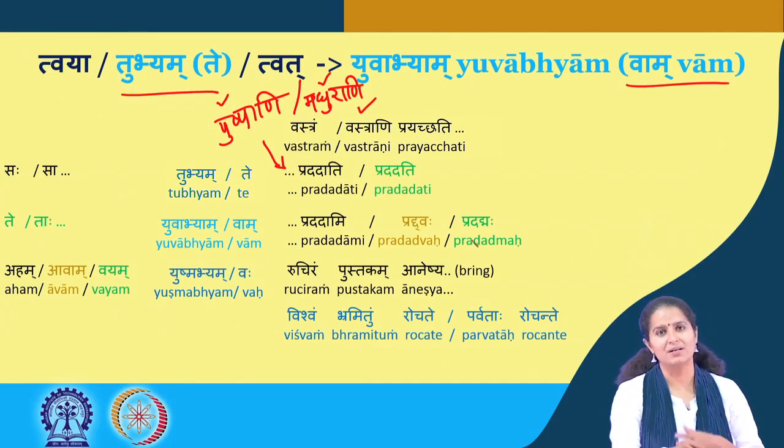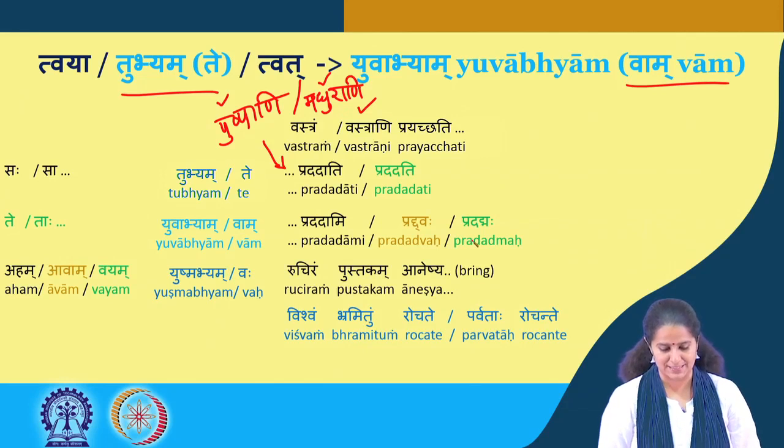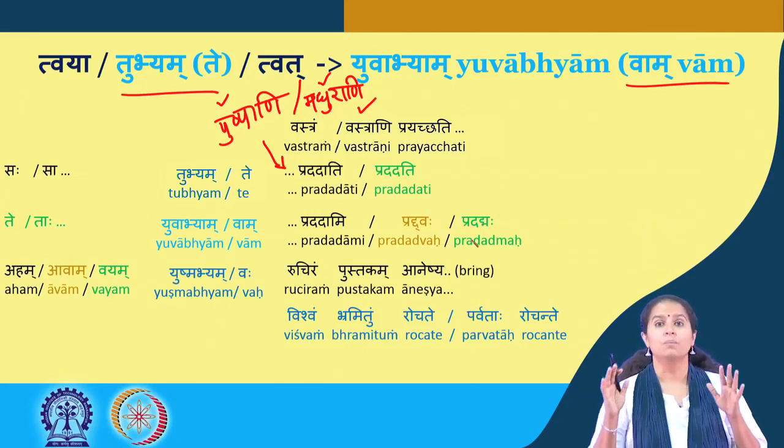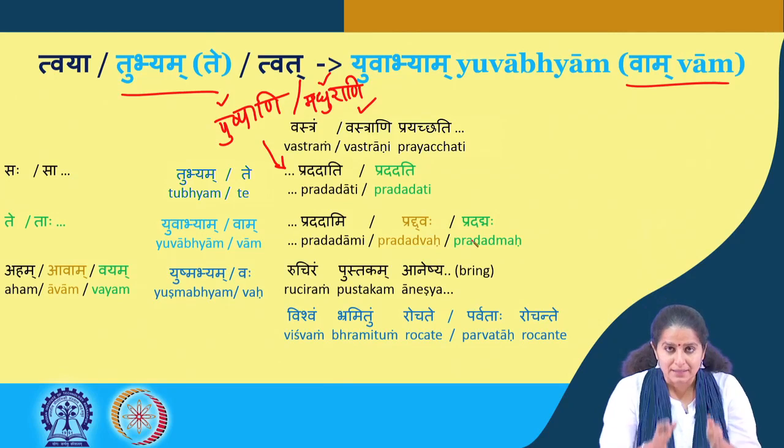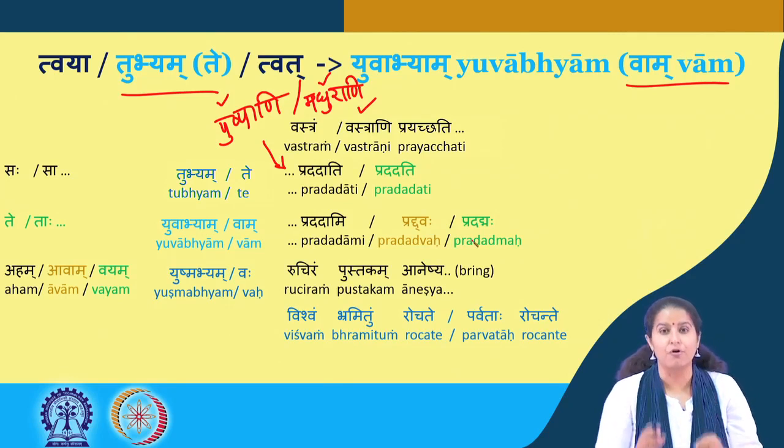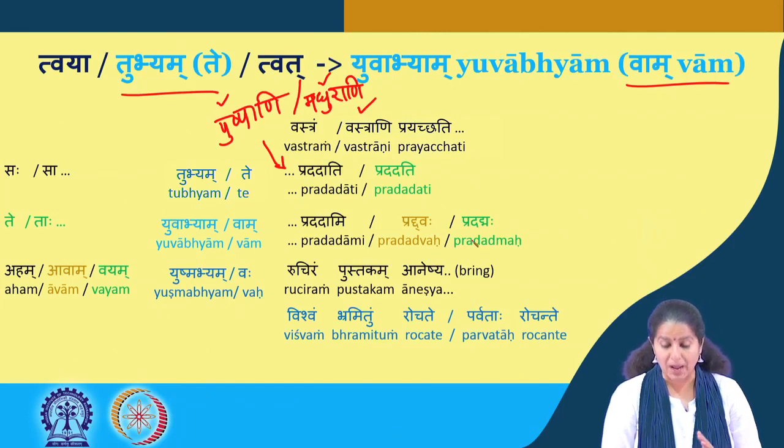Okay, so follow the cursor, then it's easier for you to stay on track with what is being said here. Uttamam. So we've looked at the different forms of the second person here in the dative, and also the dadati verb, what happens to the dadati verb in the conjugation with the dual for the first person.